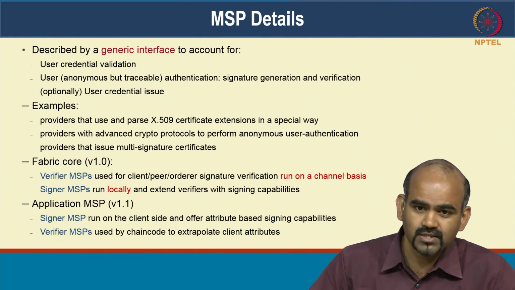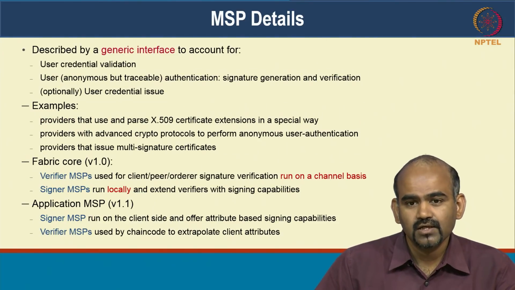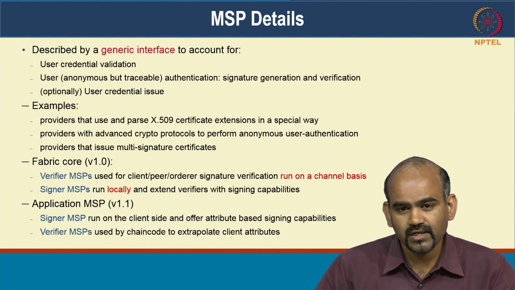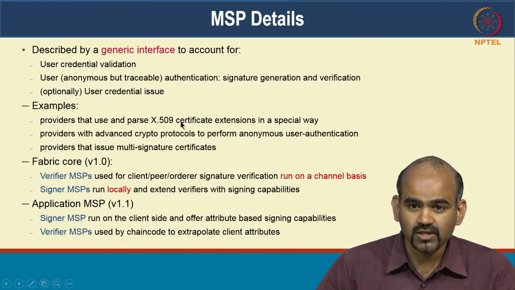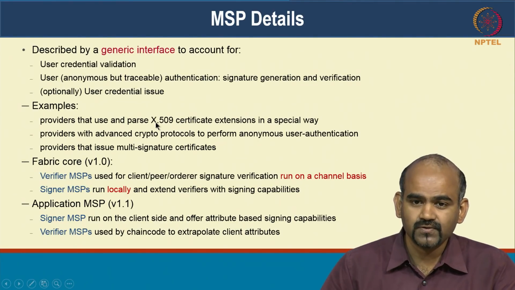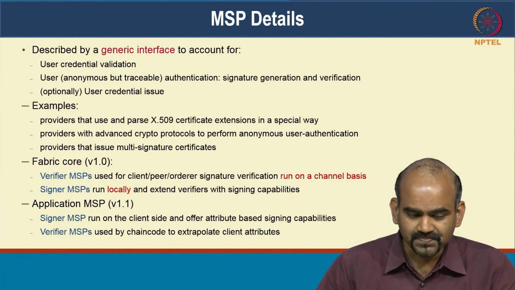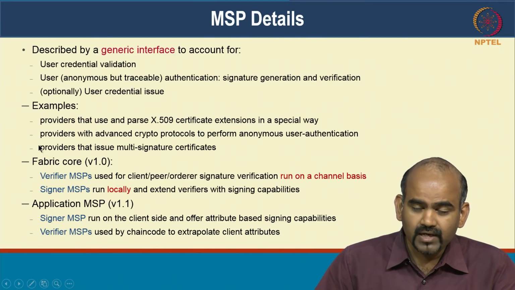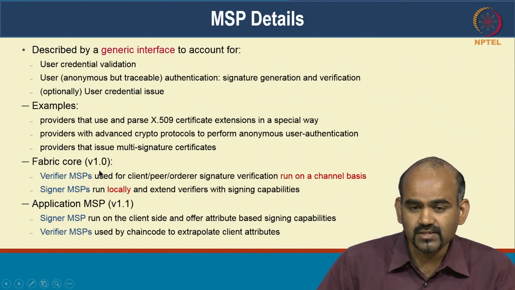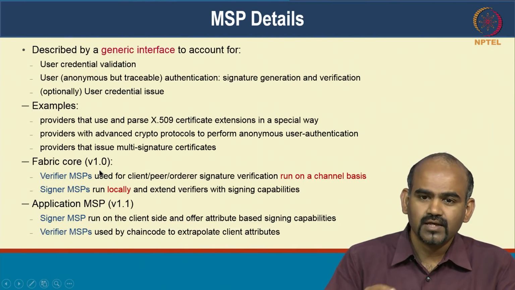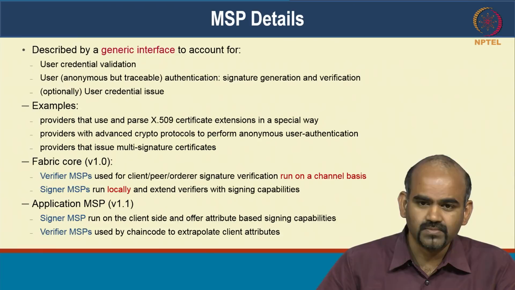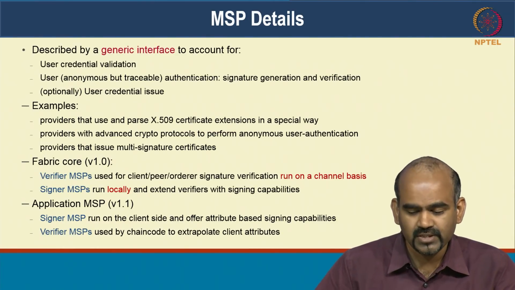I briefly mentioned it in the previous lecture. We'll talk about Identity Mixer in more detail in the next lecture, where it provides anonymity and unlinkability. It's actually a special kind of certificate authority that Fabric is providing. You can also have issuance of multi-signature certificates. All of these can be provided as pluggable components using a common MSP interface.